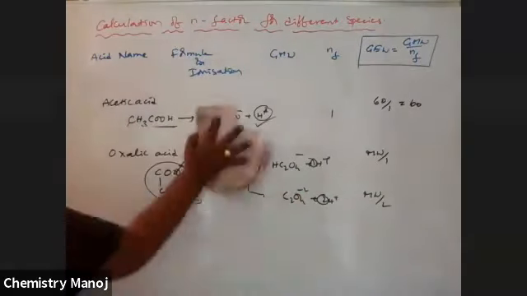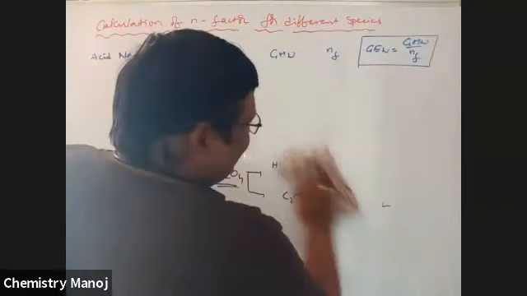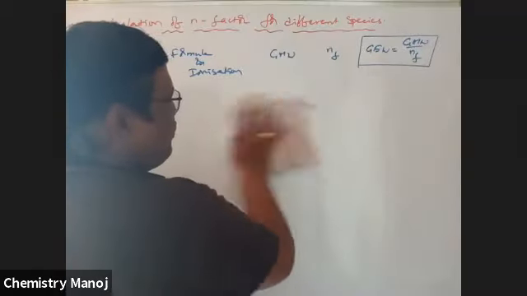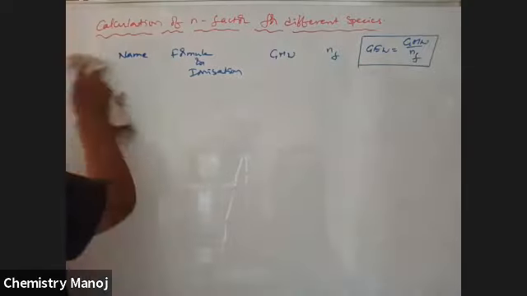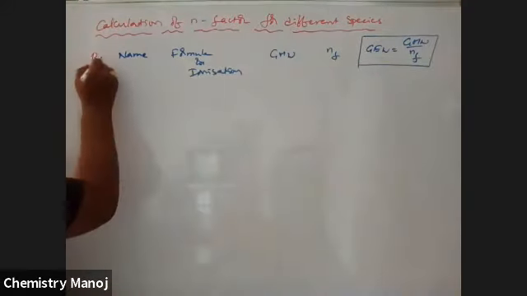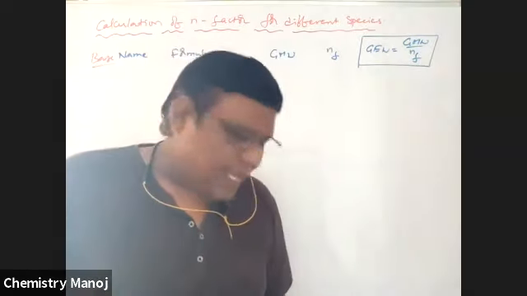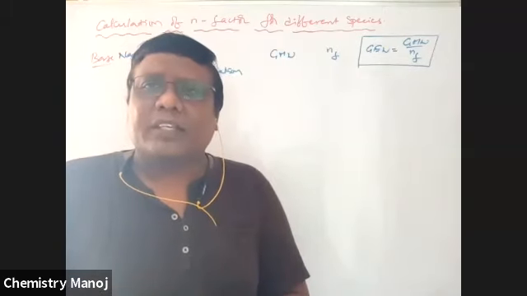Now for bases, the simplest topic. What is an acid? It releases H plus ions. What is a base? It releases OH minus ions.